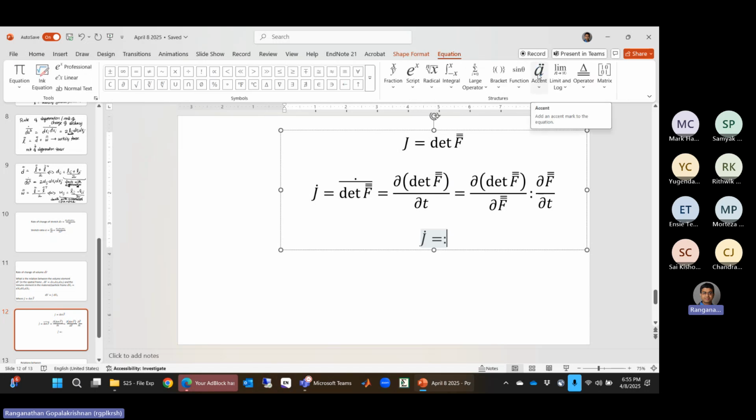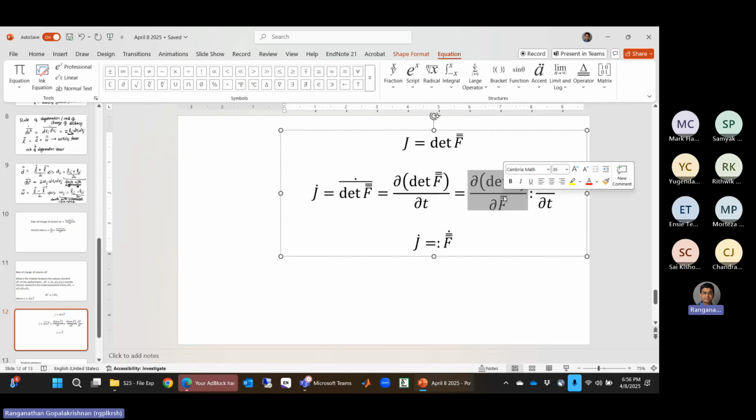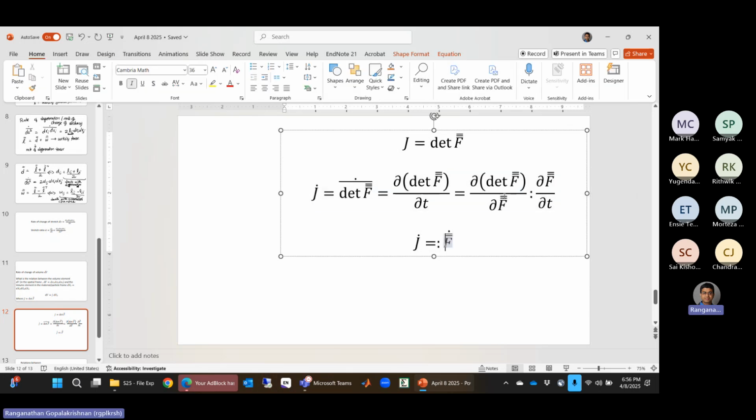So I need to first get a dot, and within the dot, I need to put a double dash to denote the tensor. And then what is this quantity here? Determinant of F with respect to F. So the book basically writes this is equal to J times F inverse transpose.